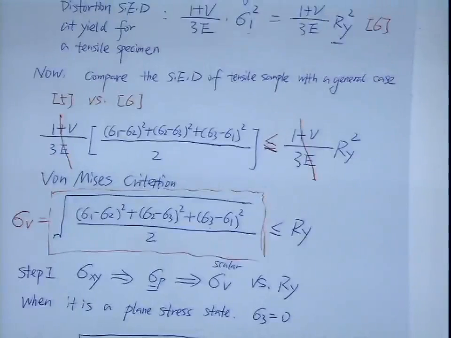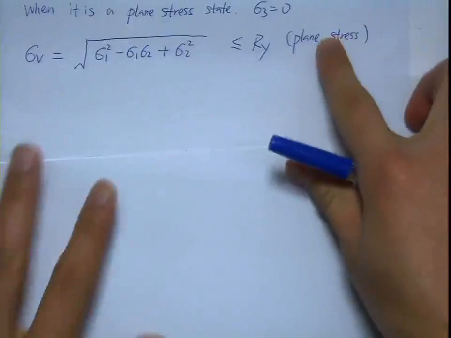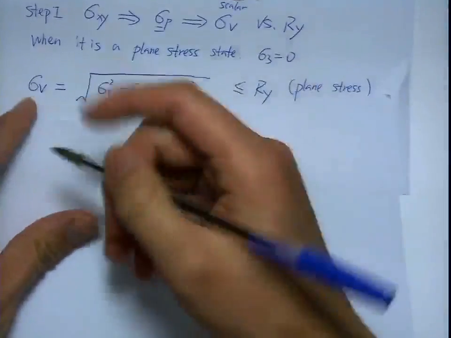Okay? So similarly, once you have this criterion, you can visualize it by drawing a yield surface. Yield surface for Von Mises.